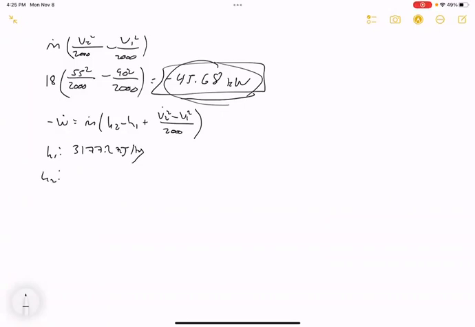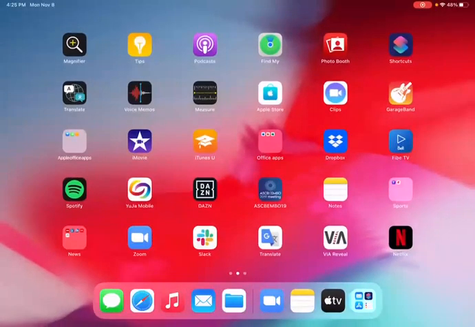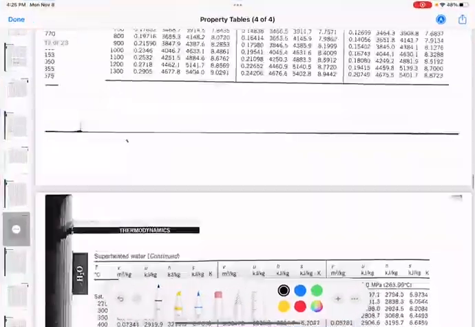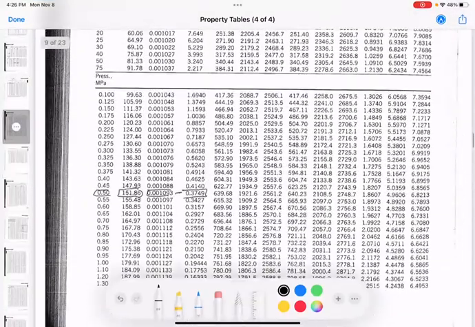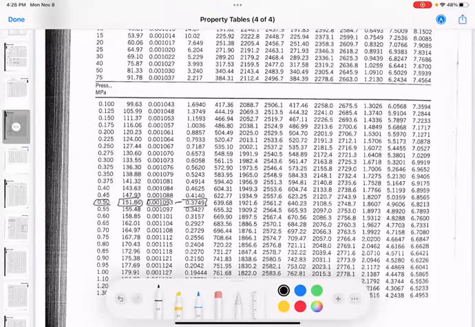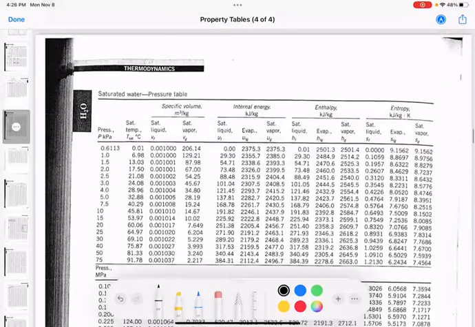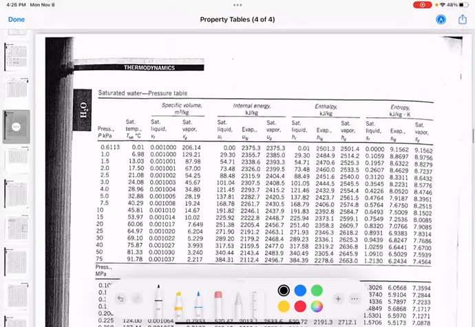H2, what are we told? We're told that the pressure is 40 kilopascals, and that the quality is 90%. If there's a quality, by definition it's a mixture, and we know the pressure as well. So we have to look for where the saturation pressure matches up, and then we look for a 0.9 quality. We're looking for 40, not 400. There we go, 40.